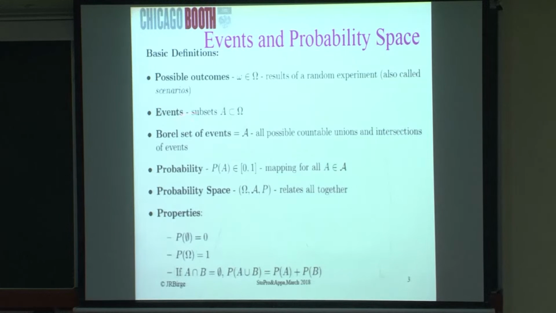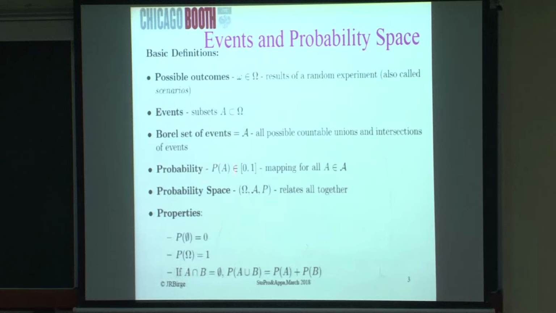So I've got the subsets, and then I have the collection of all the possible subsets. That's this idea of the Borel set of events. And now probability is just an assignment. So we can think of this probability as, well, how likely was it to have this event of 35 degrees again? How likely is it to have that event? And that's just some mapping of that event into this probability.